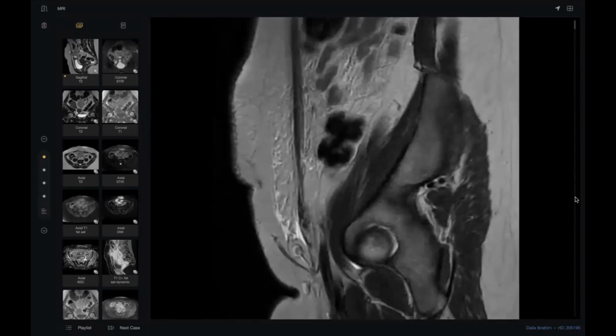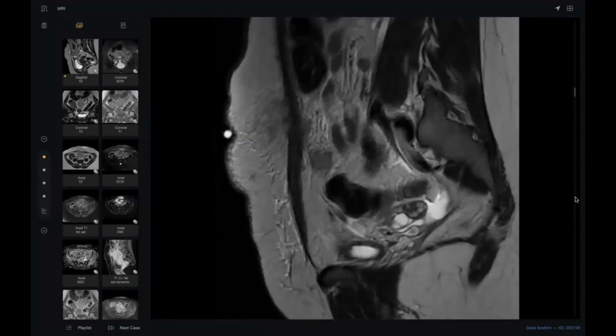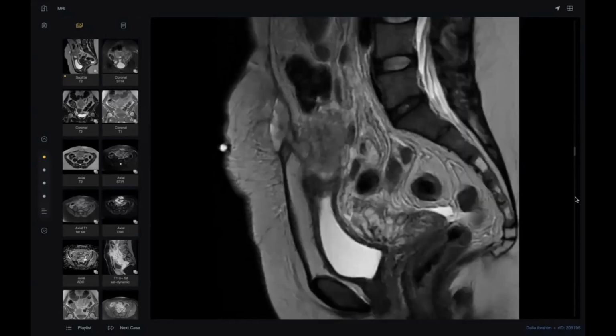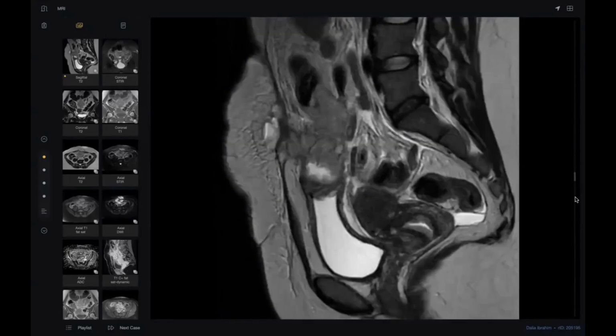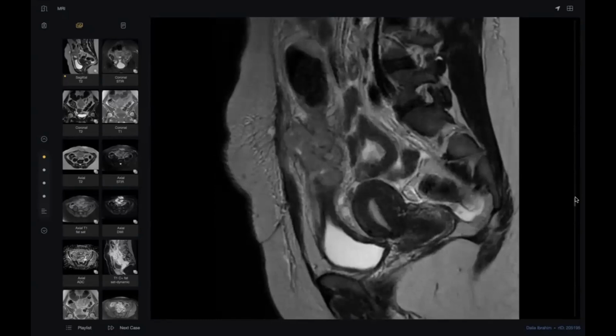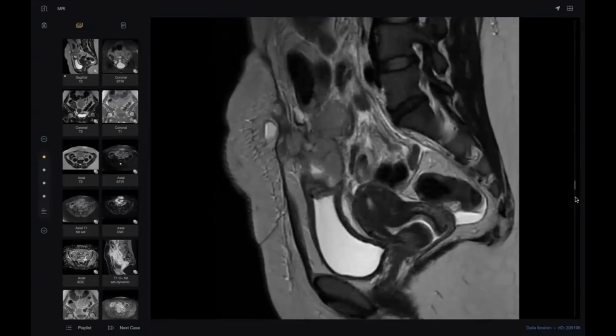So this is a sagittal T2 sequence, fat sensitive. I can see an abnormal soft tissue swelling at the region of the fundus of the uterus with abnormal small high T2 signal foci. I would like to check the other sequences to look at the transitional zone.